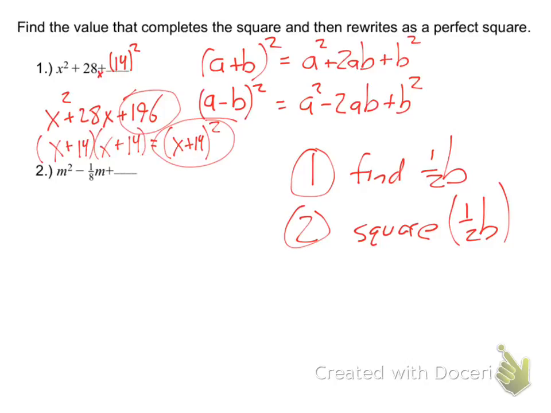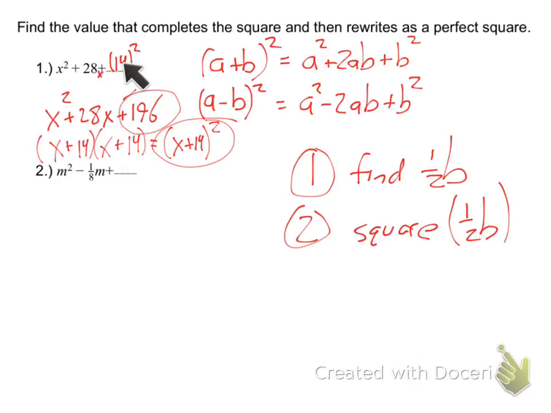Is there a connection from the way I wrote it this way to the answer down here? What's the connection?